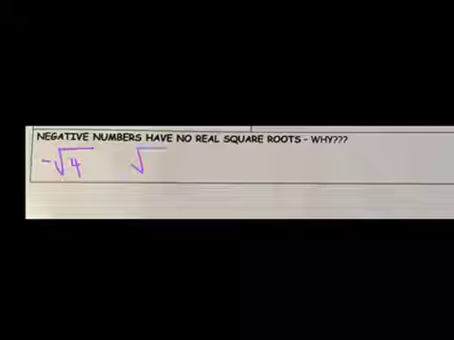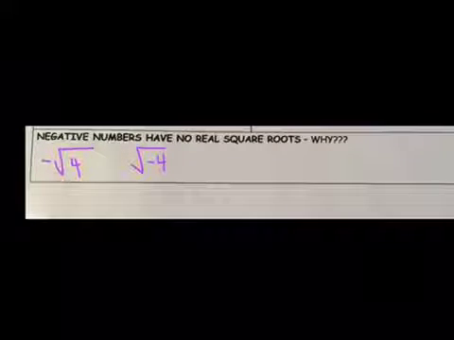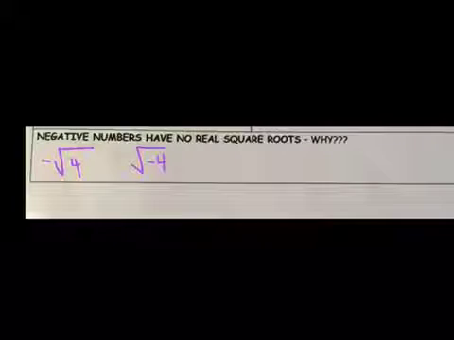Negative numbers have no real square roots. Why? When we have the notation like this, we're looking for the negative root of positive 4. But if we're saying negative numbers have a square root, we'd be finding the square root of negative 4.